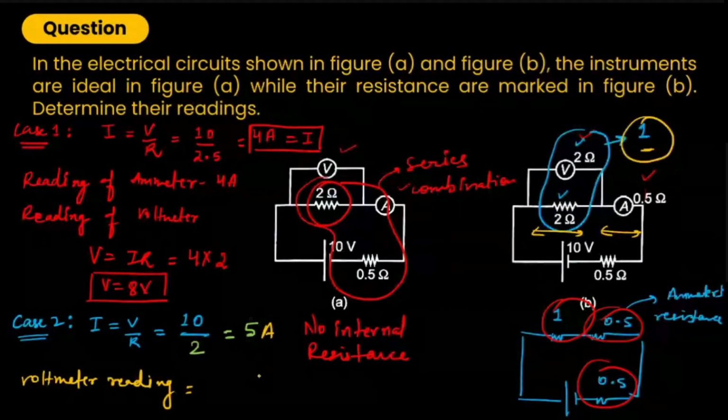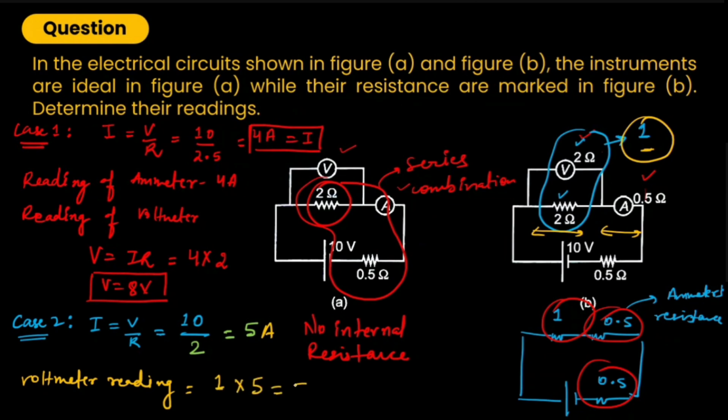The voltmeter's reading we get is net resistance R times the current, that is 1 times 5, which is 5 volts. So you can see that if we consider the internal resistance of the voltmeter and ammeter, the values of their readings change a lot. This is how the internal resistance of the instrument affects the circuit's reading, and sometimes the flow of current as well.